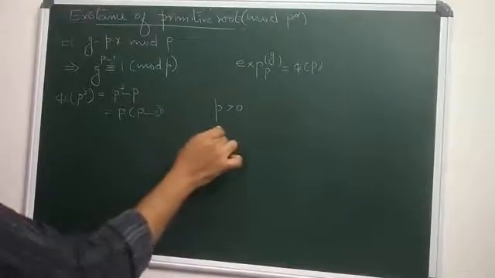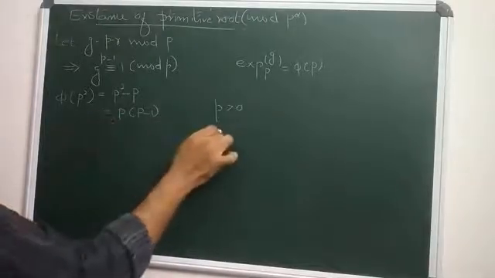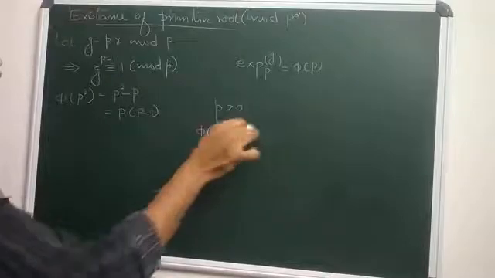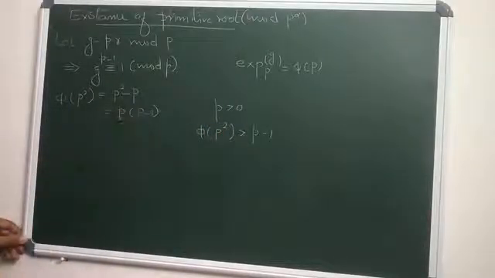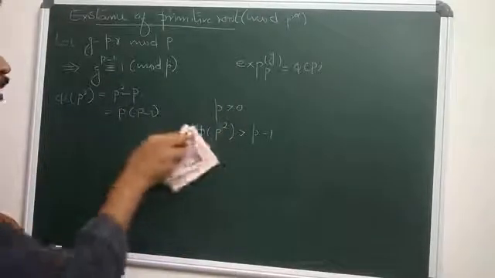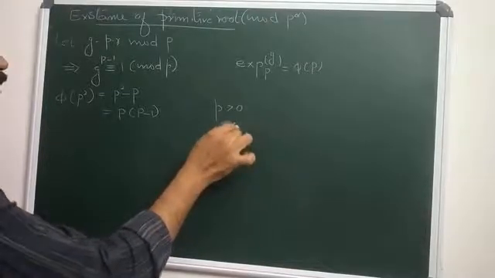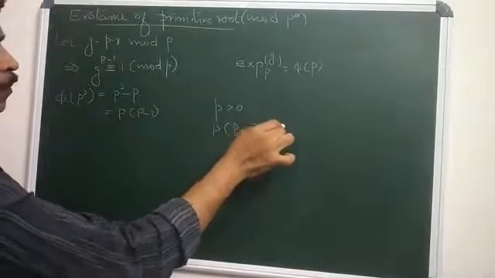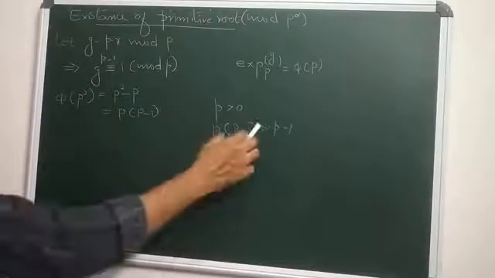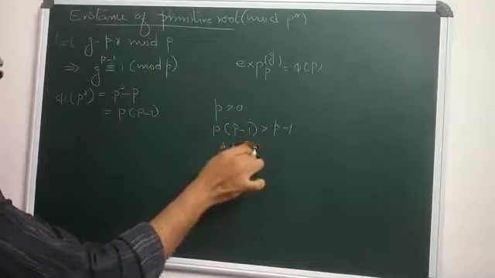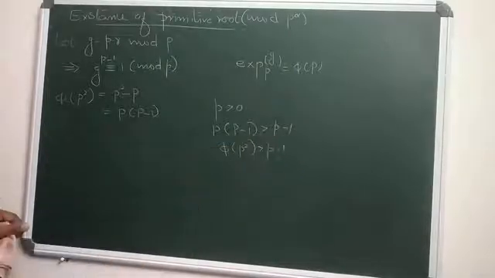So clearly, since p is greater than 0, p into p minus 1 is greater than p minus 1. But what is p into p minus 1? That is phi of p square. It means phi of p square is greater than p minus 1.